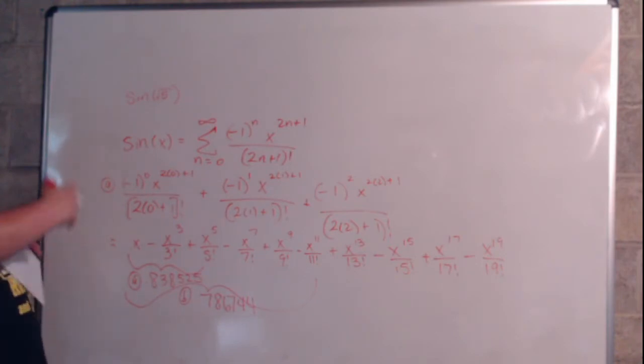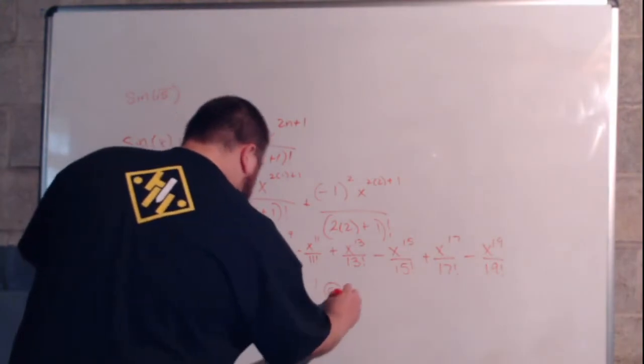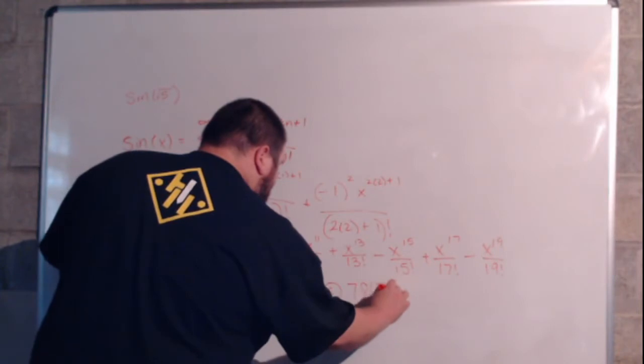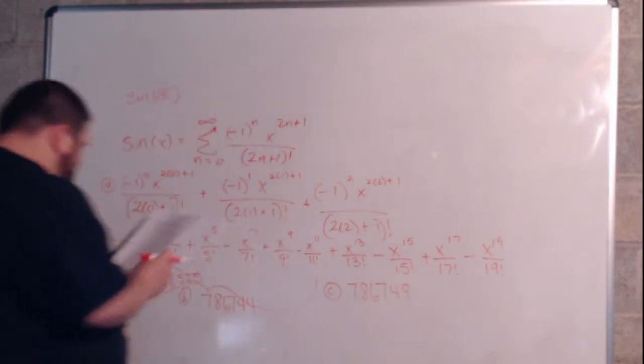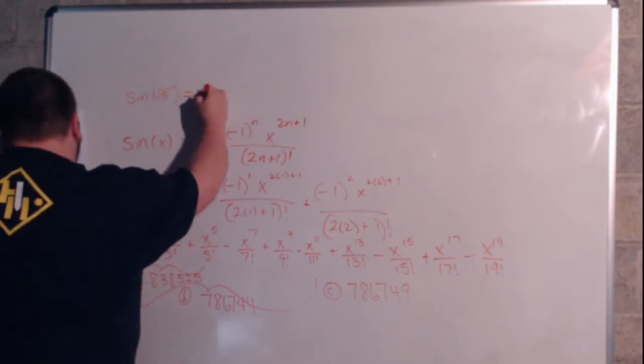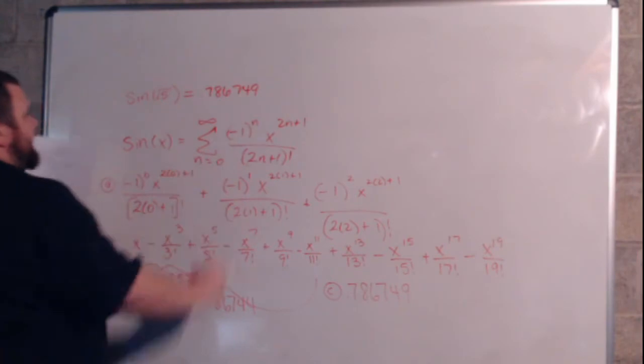And if you use all 10, you get 0.786749. The actual value given by the calculator is 0.786749, at least to 5 decimal places.